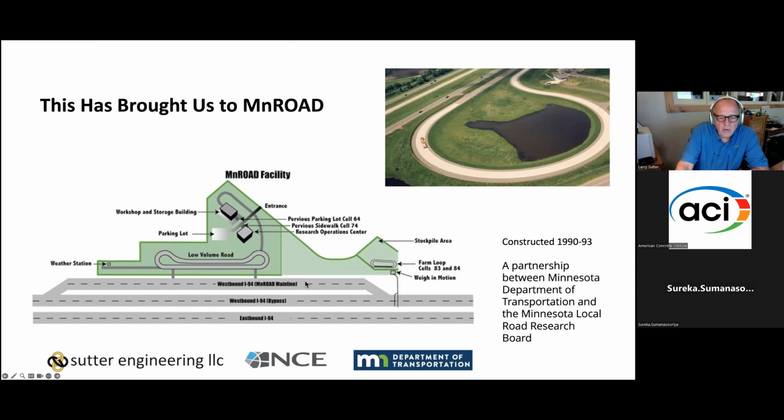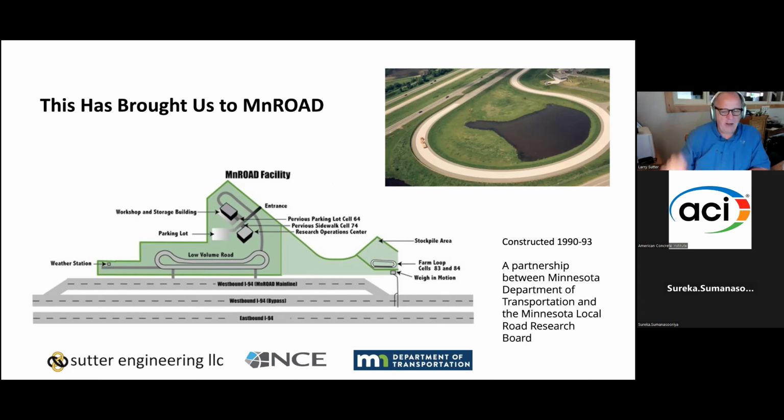And then the way it works is once the construction is completed, traffic from westbound I-94 can be routed onto that main line. So these test cells are seeing I-94 traffic, interstate traffic, full trucks, cars, the whole thing, 24/7, all seasons, winter, summer, spring, seeing it all. We have weigh in motion, so we know what kind of loads they're seeing, and all of the different cells are instrumented so we can monitor various properties and track them.